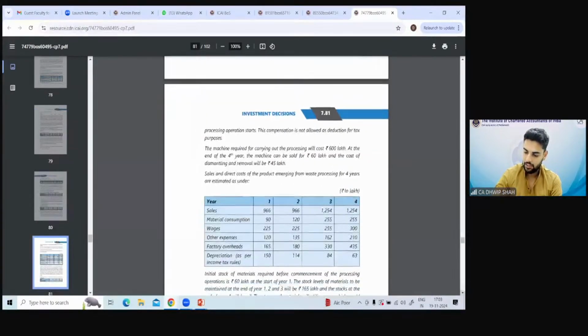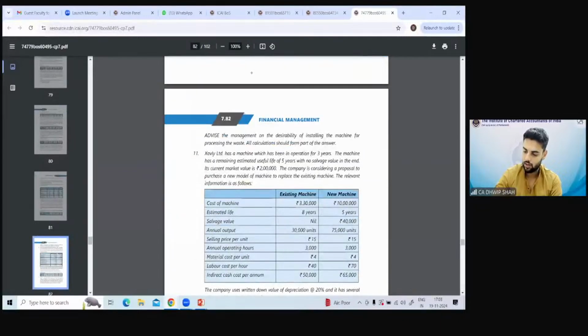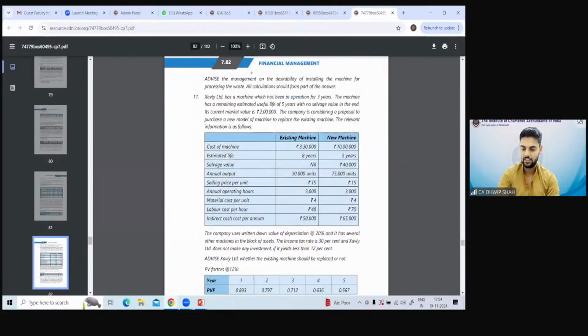Now let's take question 11, because that is also one of very unique questions in itself. It is on replacement of machine. So under capital budgeting, ideally there are two types of questions. One is mutually exclusive type questions and one is replacement questions. Under mutually exclusive type questions, selection of one means rejection of all.